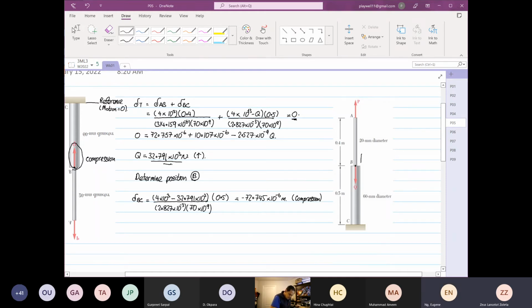It's going to be negative, right? Compression means acting downwards. So point B will be acting towards the reference. So the negative down here is where the compression is. You can see after the hangman, everything is easy. Yes or no? Right? After the hangman, everything is easy.